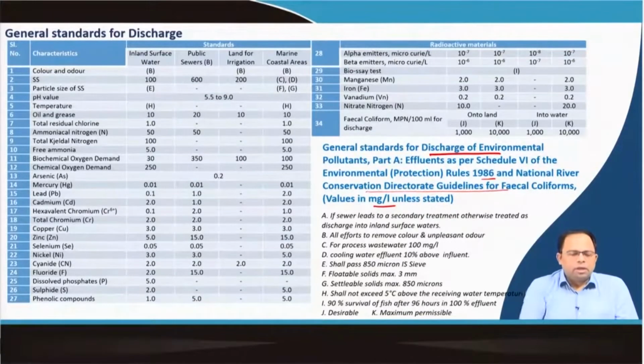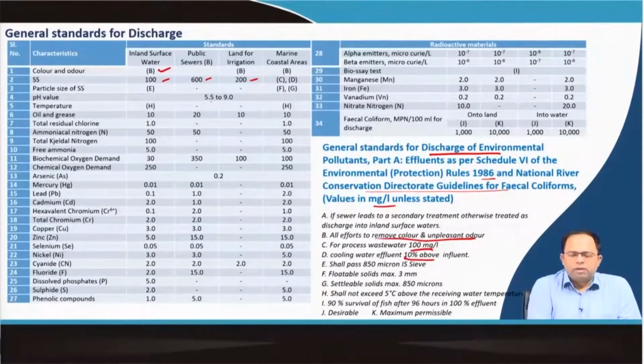For example, the color and odor should be of order B. B is all efforts to remove color and unpleasant odor. Suspended solids values should be 100 for inland surface water, 600 for public sewers, 200 if it is released on land, and for marine coastal areas, C and D, again 100, and for cooling water effluents, 10% above influent.